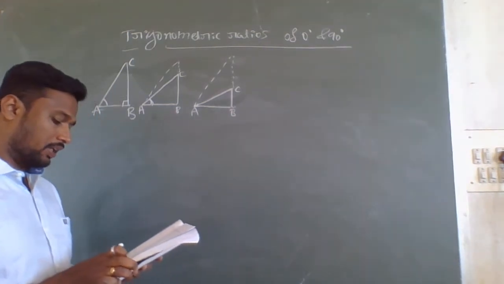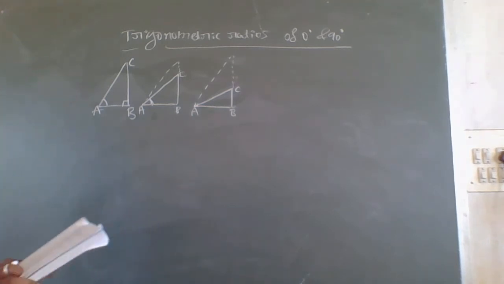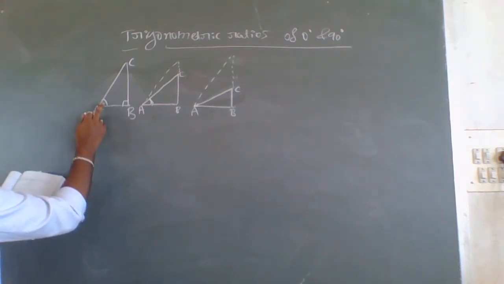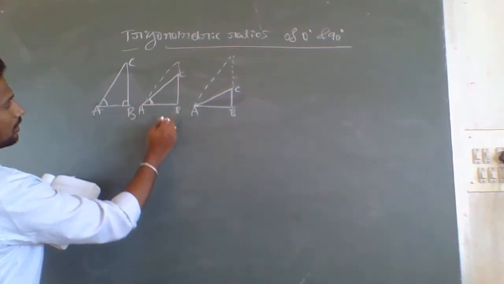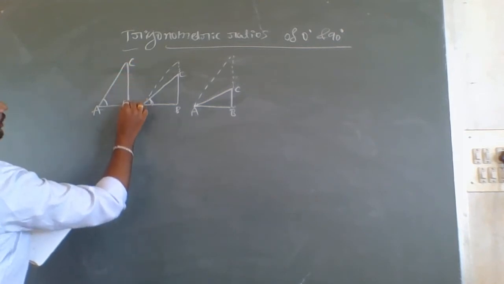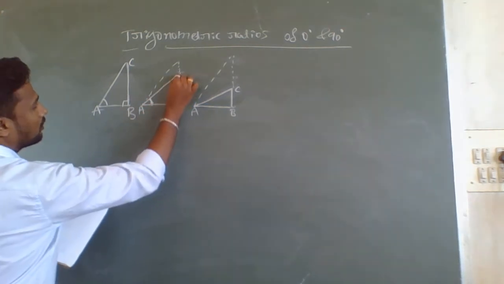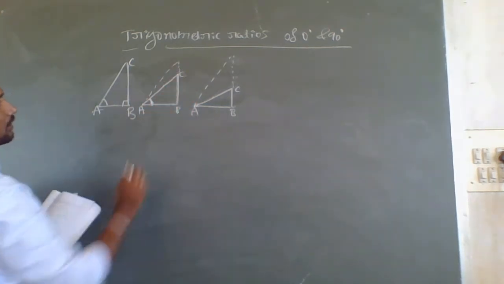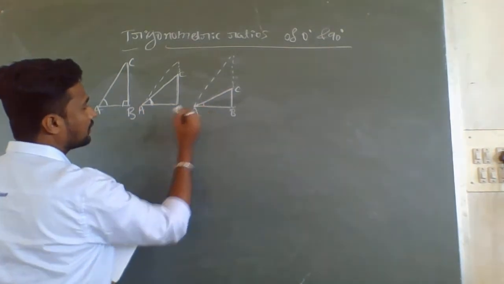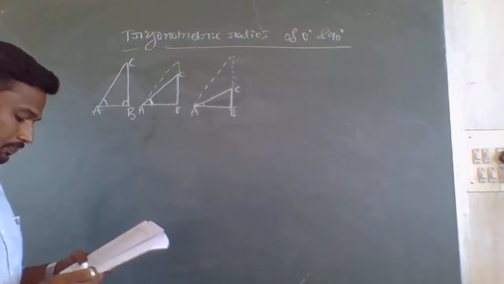So here they are given, as angle A gets smaller and smaller, the length of the BC decreases. You can see here, as angle A gets smaller and smaller, the length of this BC reduces. After decreasing angle A, here the length of the BC is reduced. Again angle A is reduced here, again length of the BC is also reduced.